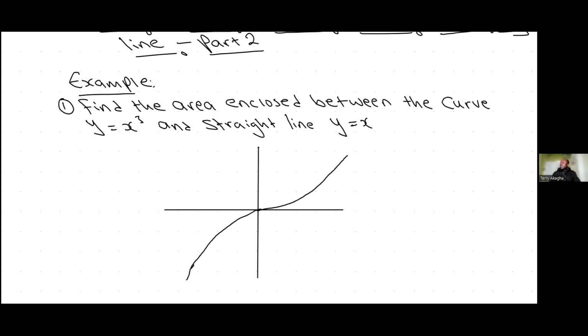Let me use a purple pen for this. Okay, so we have that. Then the next one, we are having y is equal to x. So I taught you the y equal to x. So it basically means it's a straight line that's passing through the curve.